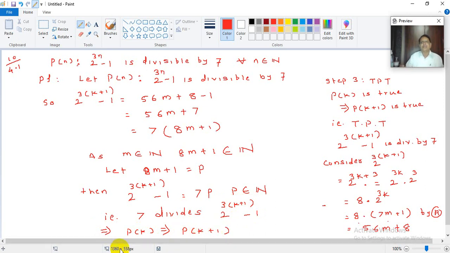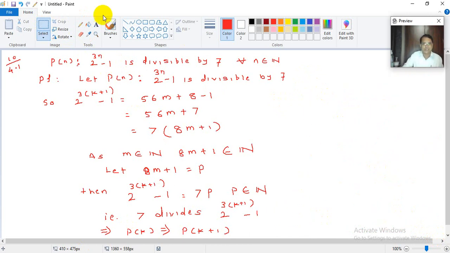So now all the three steps we have proved. Result is true for 1. You assumed that result is true for k, and then using the idea of divisibility, now you have proved when Pk is true, Pk plus 1 is also true. And so now all the three steps of induction method are followed. So finally you can declare hence property is true for all natural numbers. Okay, so with this I will erase this part because this is already done.